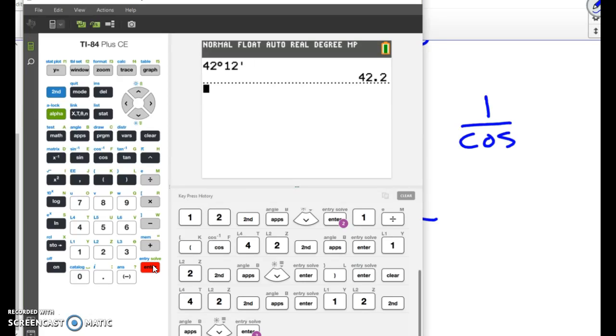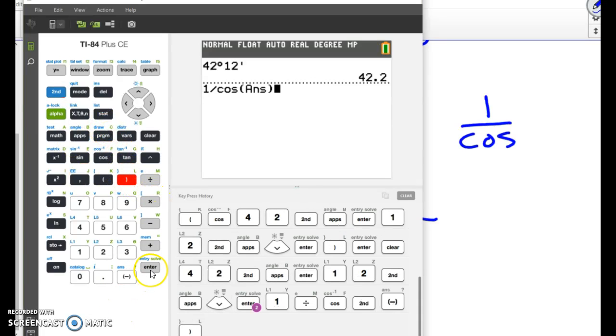And we can see we get this value. We can take that from here, 1 divided by the cosine of the answer should give us what we're looking for, 1.3499.